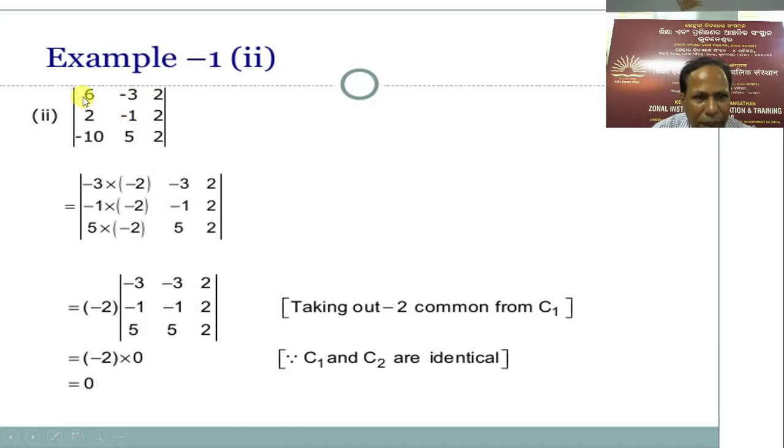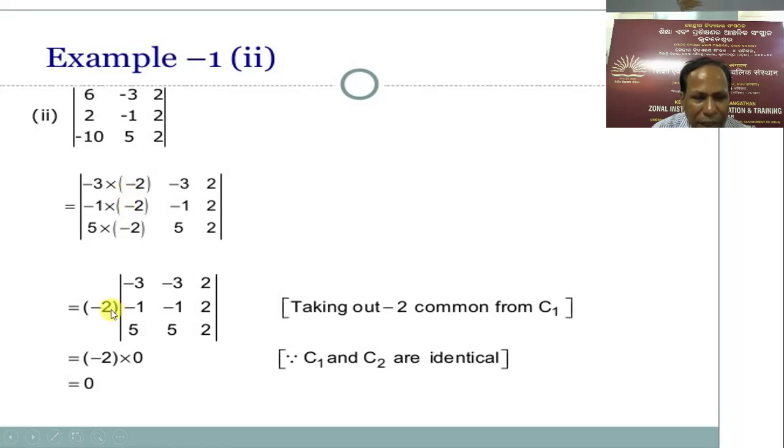We can find that in the first column, 6 can be written as minus 3 into minus 2, 2 can be written as minus 1 into minus 2, and minus 10 can be written as 5 into minus 2. That means minus 2 is present everywhere in the first column.